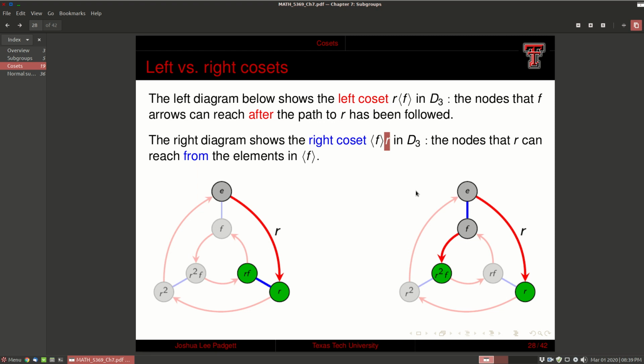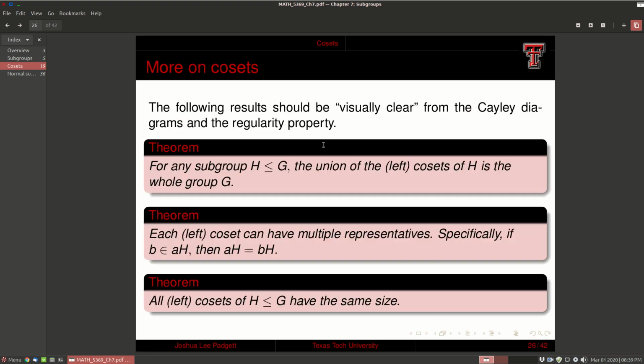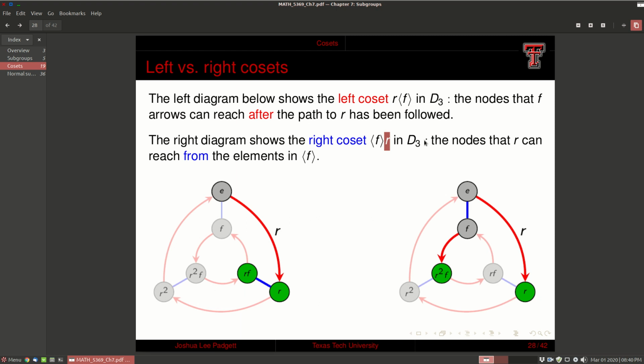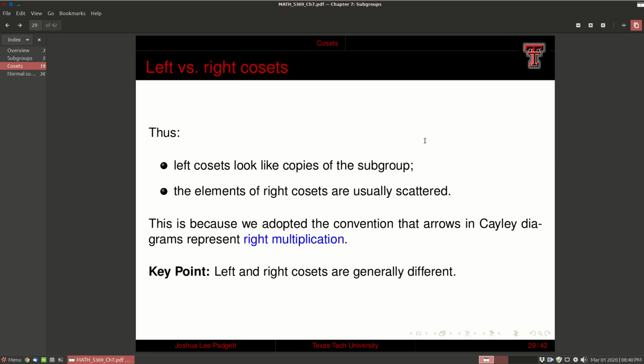For the right cosets, you can prove the same theorems here. The union of the right cosets is the whole group. Each right coset has multiple representatives. All right cosets have the same size, and all the right cosets partition the group. So we have the same exact theorems, it's just different ways of describing the group. All right, so left cosets look like copies of the subgroups, whereas right cosets can seem very scattered.